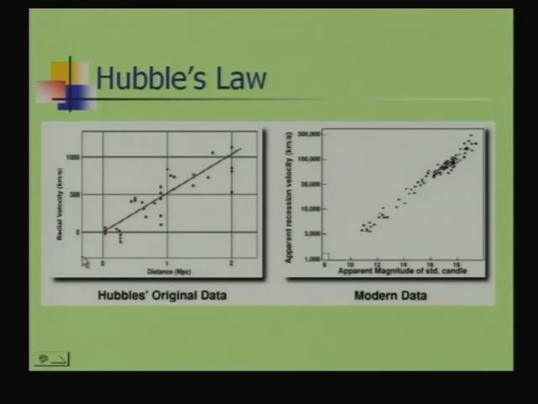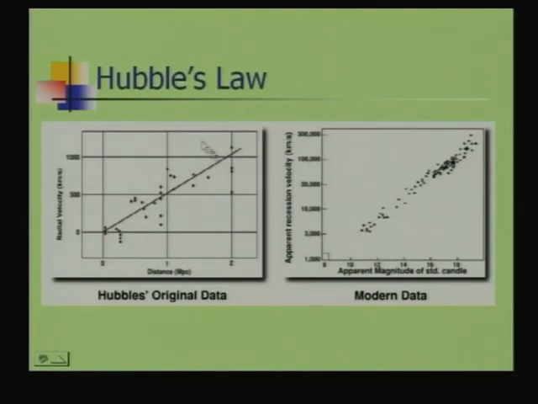The main point here is that on the average the galaxies are moving away from us with a speed that is proportional to the distance. This is a modern version of the same finding, that the galaxies are moving away from us with a speed proportional to the distance.